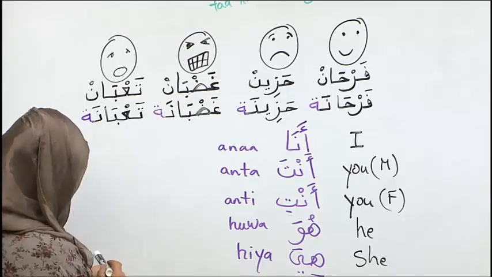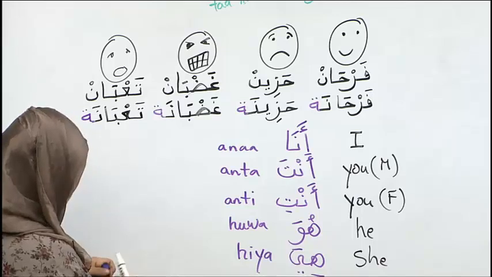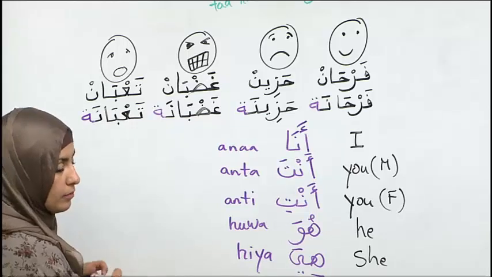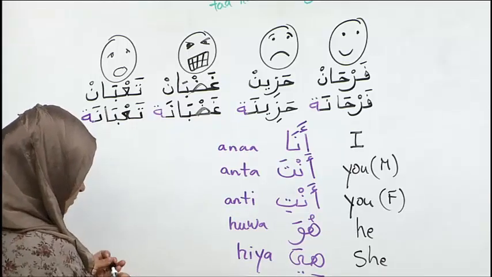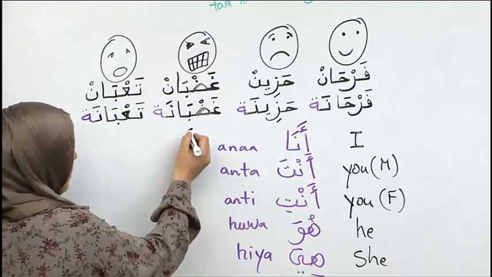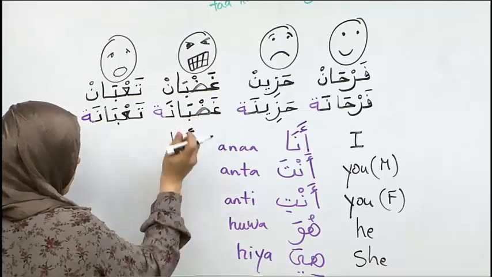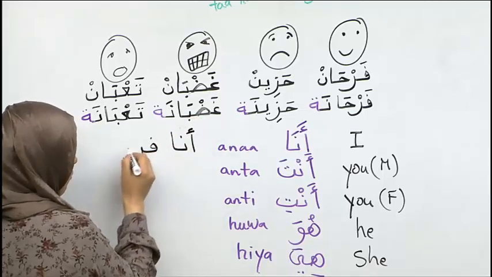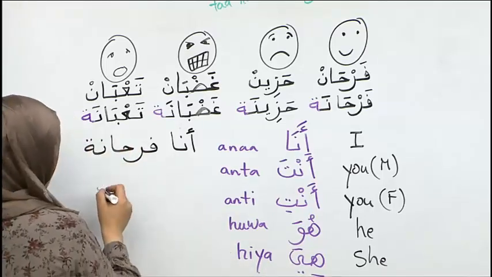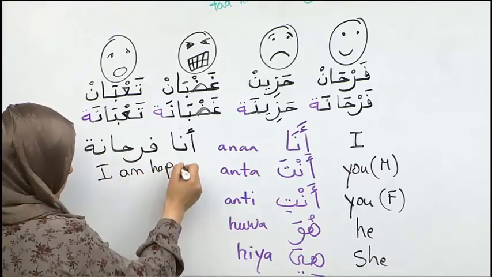So if I'm going to use it in a sentence, how can I do that? If I'm going to say I am happy, أنا فرحانة, or أنا فرحان. I am happy.